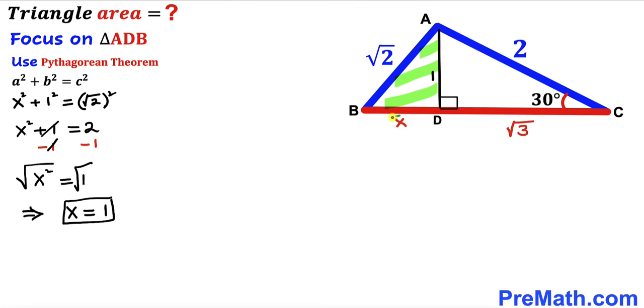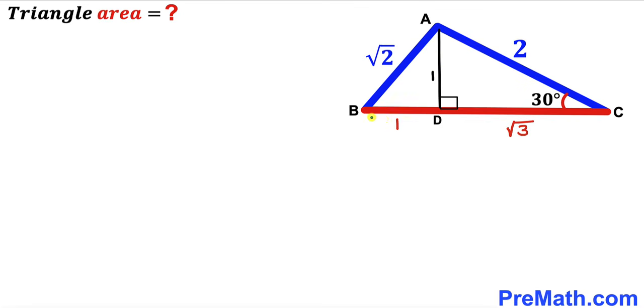So the whole base BC length is going to be square root of 3 plus 1 units. And furthermore, the height of triangle ABC is going to be this perpendicular, which is 1 unit.